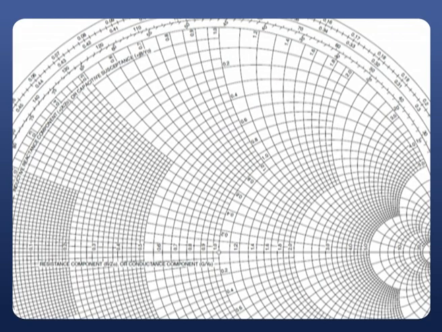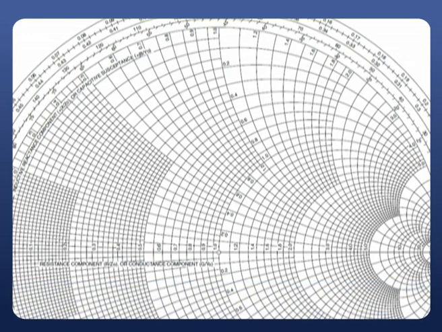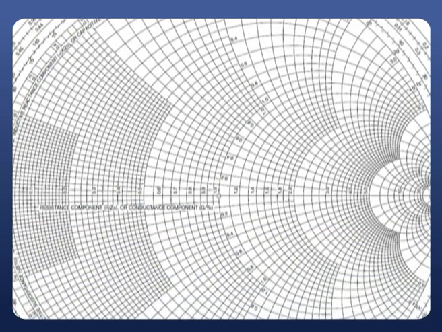If you are moving towards the generator, clearly remember you are supposed to take the clockwise rotation on the Smith chart. Just observe here, the arrow mark for wavelength toward generator is given like this: a rotation in clockwise direction means moving from the load towards the generator.